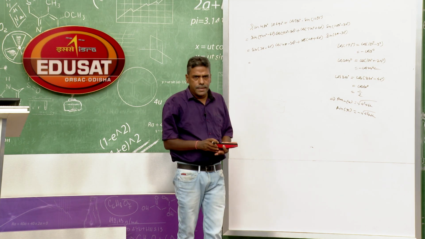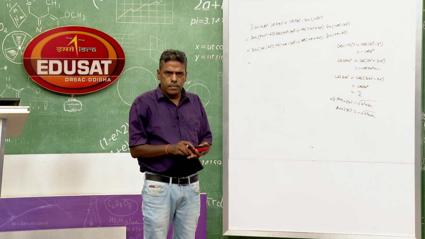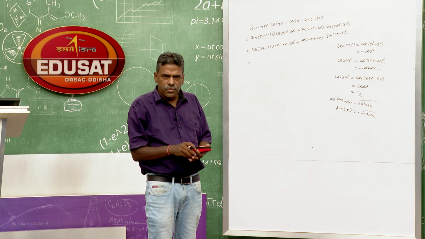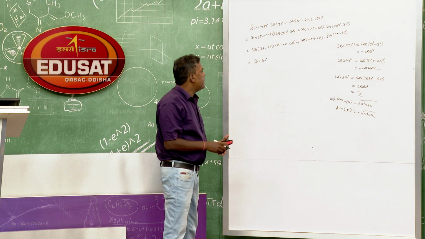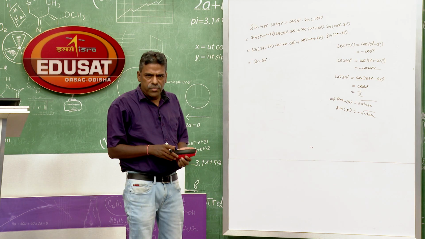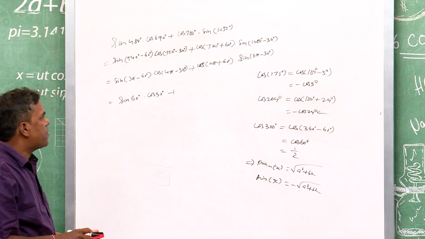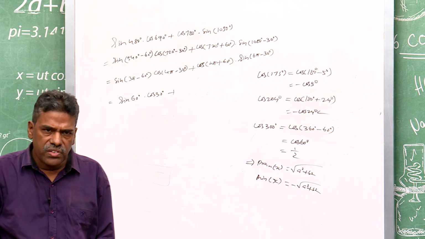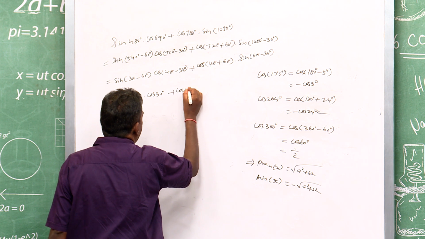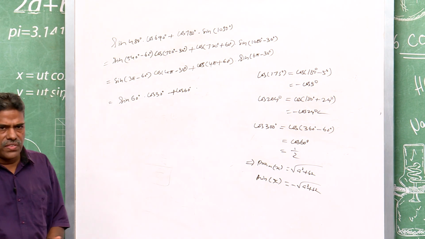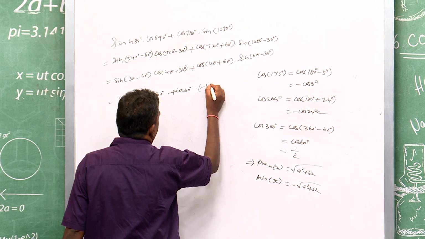Now sin(3π − θ) is equal to sin θ, so we get sin 60 positive. cos(4π − θ) is cos θ, so cos 30. cos(4π + θ) is cos θ, so cos 60. sin(6π − θ) is minus sin θ, so minus sin 30.